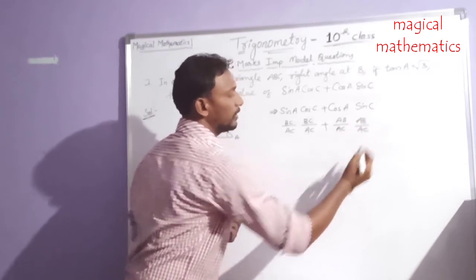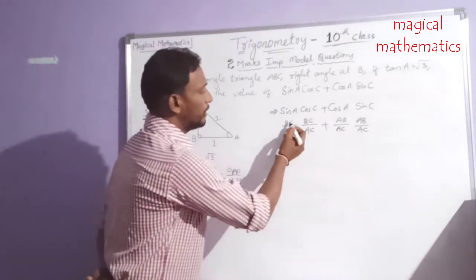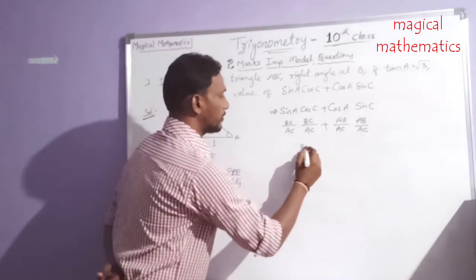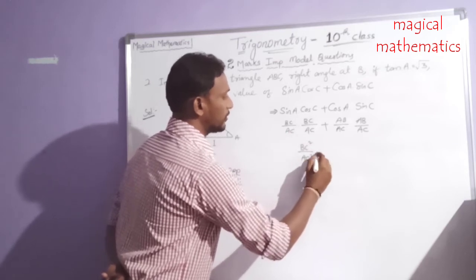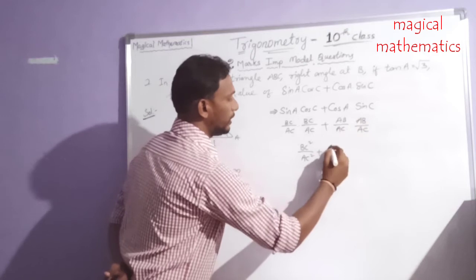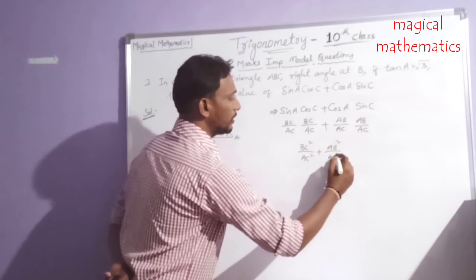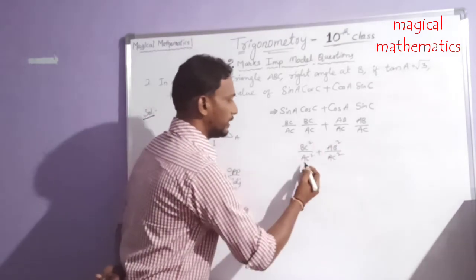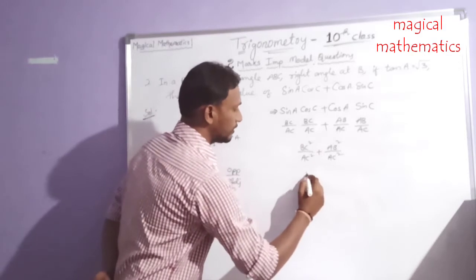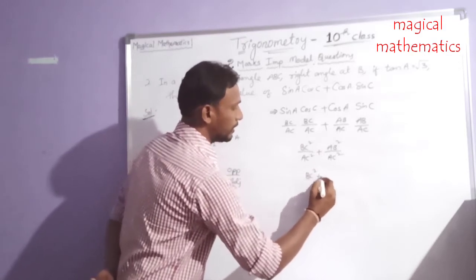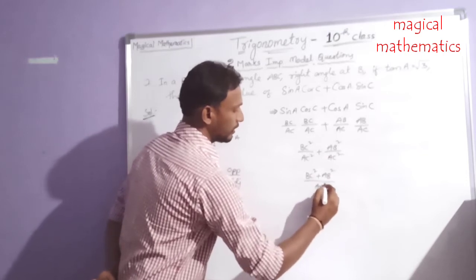By hypotenuse is AC. So by observing these two, we have BC into BC, so BC square by AC into AC, AC square, plus AB into AB, AB square by AC into AC is AC square. Both the denominators are same, so numerators we can directly add: BC square plus AB square by AC square.